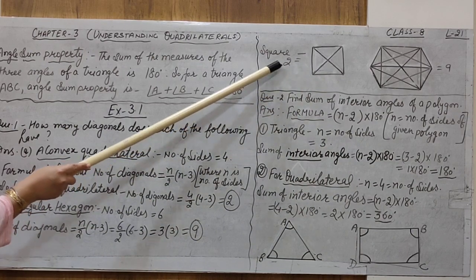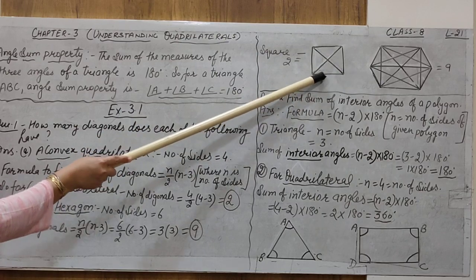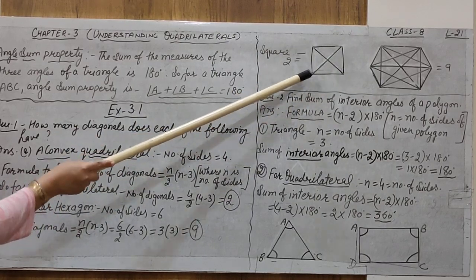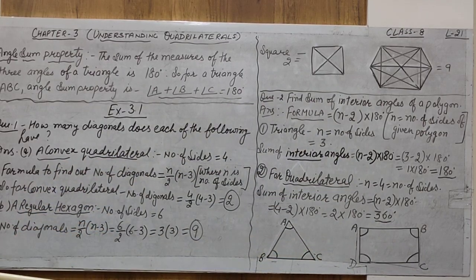Regular polygon, the square is the best example because the lengths of all the sides are equal and the measures of all the angles are equal, and the rectangle is the best example of an irregular polygon.